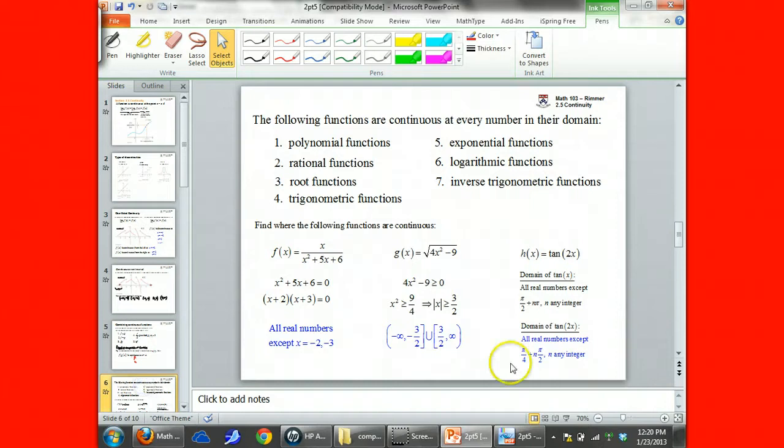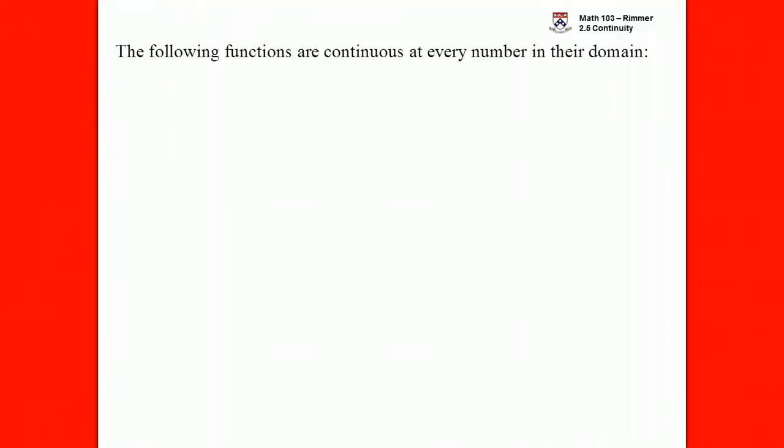All right. So here's how we're going to do that. We're going to break it up into types of functions. Any type of function that we study, if we want to know where it's continuous, it becomes the question of what the domain of that function is. As long as a point is in your domain, the function is continuous there.